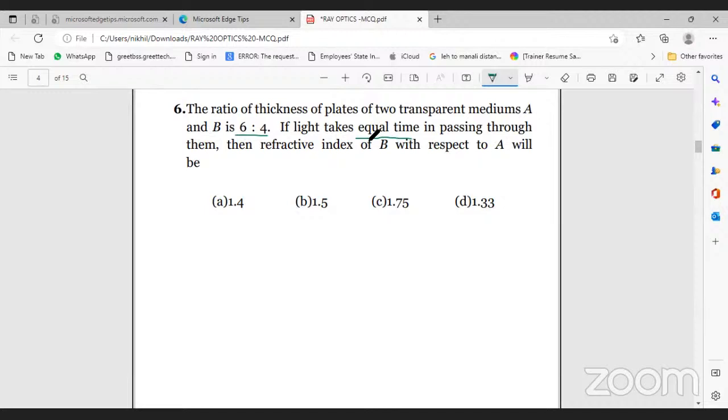The light is going to take equal times in passing through them. Then what is the refractive index of medium B with respect to medium A? Refractive index of medium B they are expecting with respect to A, that is NB by NA.